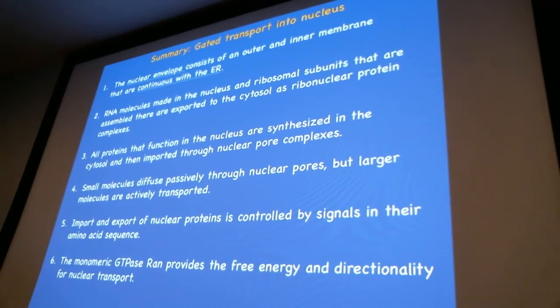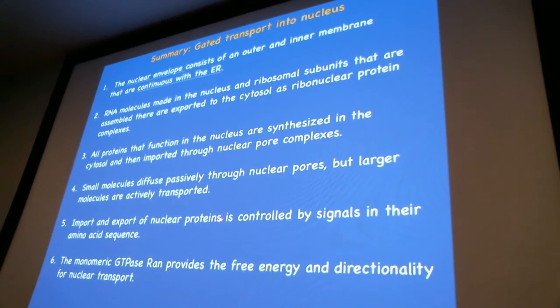Several molecules, including RNA that is made in the nucleus, subunits of ribosomal complexes, and many other molecules have to be transported to the cytosol, and they usually have ribonuclear protein chaperones that complex with RNA to bring it to the cytosol. They have to be transported through these pores, through the mechanism that we discussed, which are these long, complex pores that span the whole cisterna of the membrane.